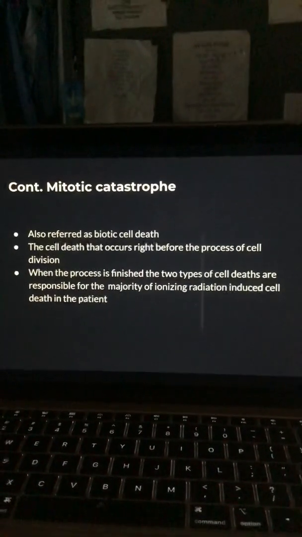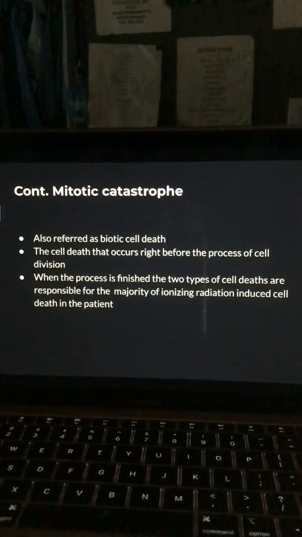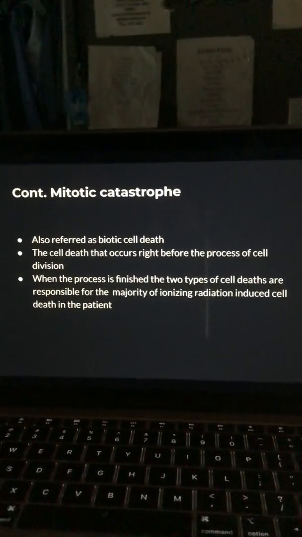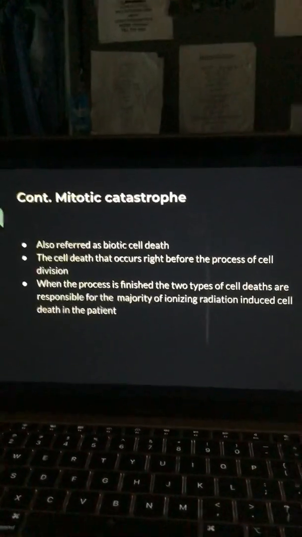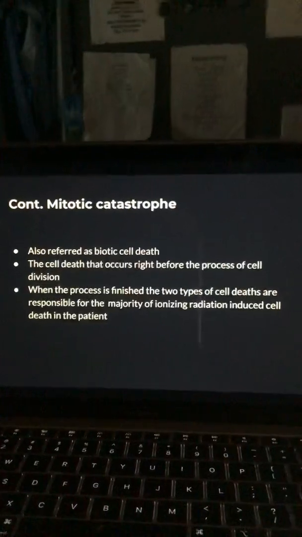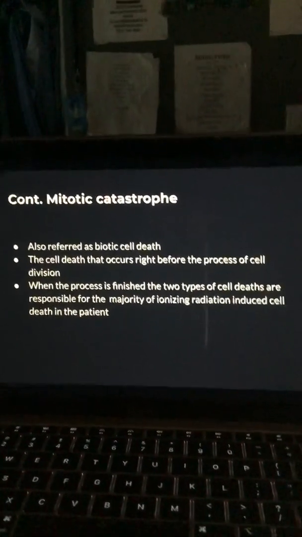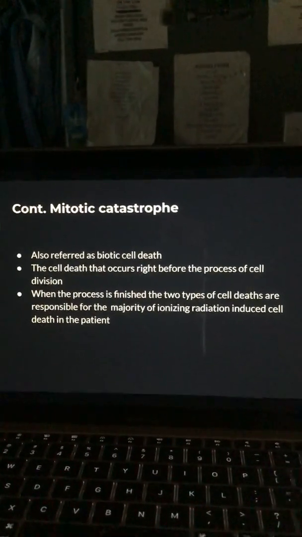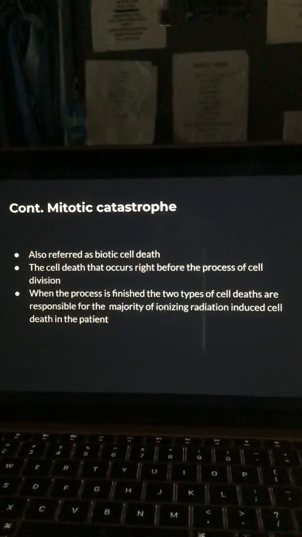The next step is called mitotic catastrophe. This is also referred to as biotic cell death. The cell death that occurs right before the process of cell division, and cell division is also known as mitosis. When the process is finished, the two types of cell deaths are responsible for the majority of ionizing radiation induced cell deaths in the patient.